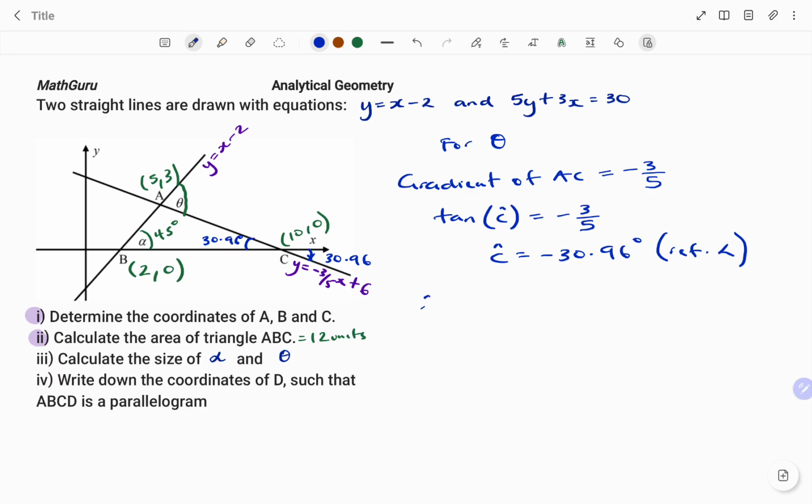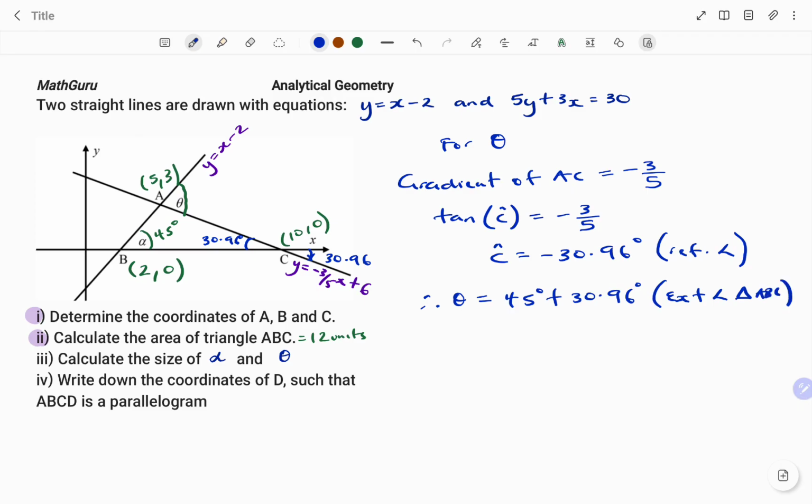So therefore, to find theta, that will be equal to alpha plus the angle at C, and that's 45 degrees plus 30.96, and the reason being that's the external angle of triangle ABC.